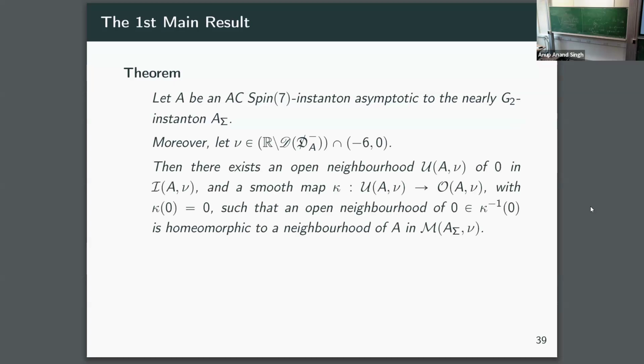Then, as long as I take my rates not to be the critical rate, I know the kernel blows up, my operator is Fredholm, and I can always find, look at this map, the Kuranishi map, a neighborhood of 0 in my deformation space, such that this Kuranishi map from the deformation space, with the origin going to the origin, on an open neighborhood of 0 of the image of 0, that neighborhood will be homeomorphic to a neighborhood of my connection, or rather instanton A, in my moduli space.